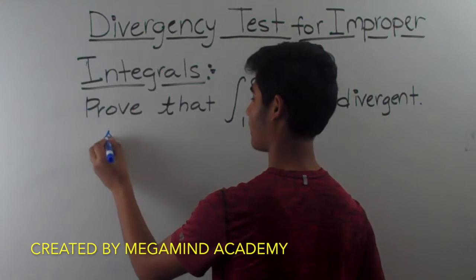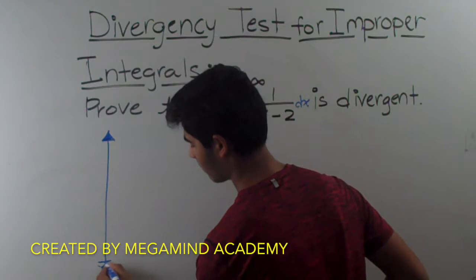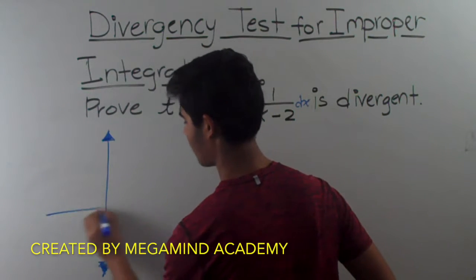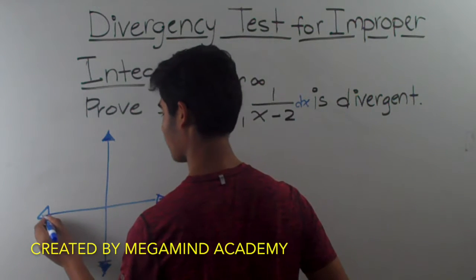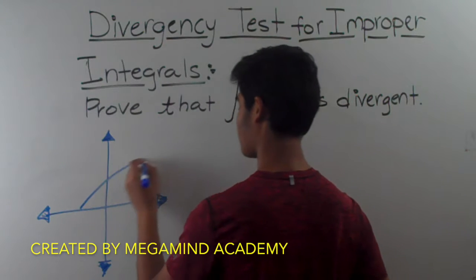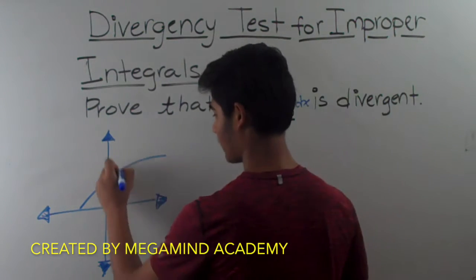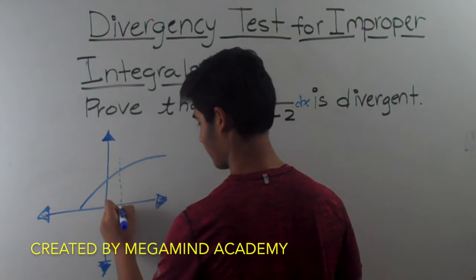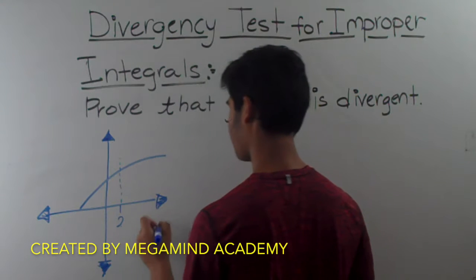Let's say that we had one function like this. And let's say that we wanted the integral from here to infinity. So this is, let's say, 2 to infinity.